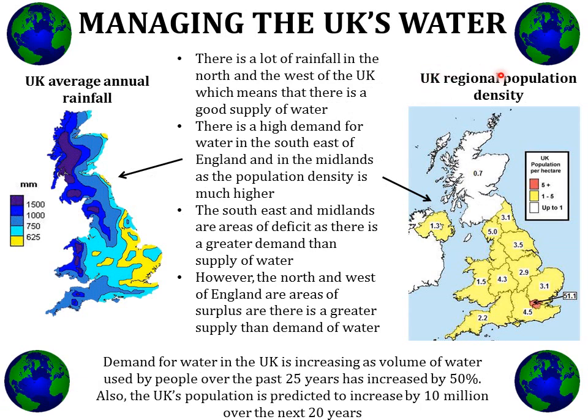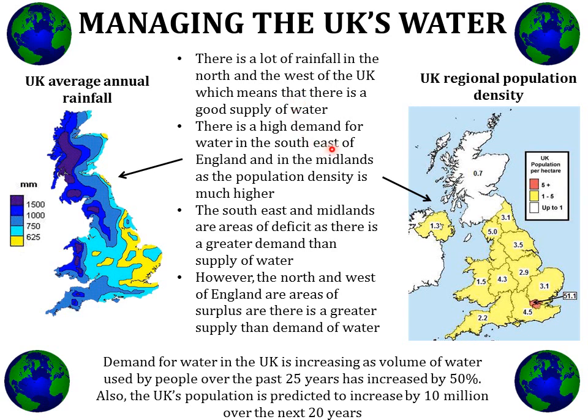And this is a diagram showing the UK's regional population density. So as you can see here, London is quite highly populated, whereas the rest of England is more or less average, and Northern Ireland, so average. And in Scotland it's quite low. So there is a lot of rainfall in the north and the west of the UK, which means that there is a good supply of water.